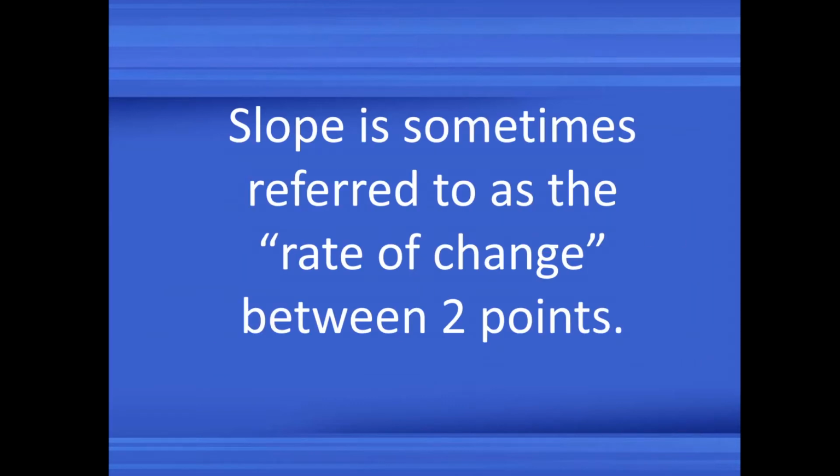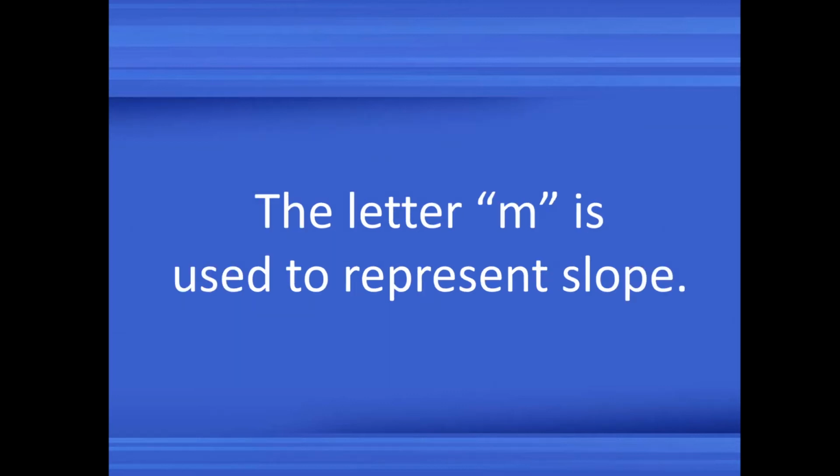A slope is also sometimes referred to as the rate of change between two points. You'll find out why later. To represent slope in formulas, we use m, a small letter m. So when you're calculating for slope, it's going to be a small letter m.